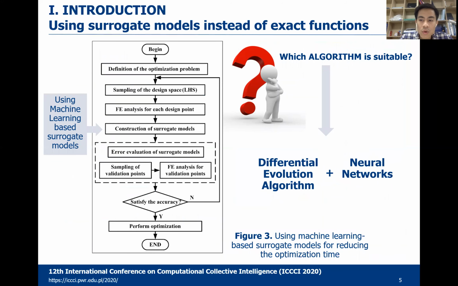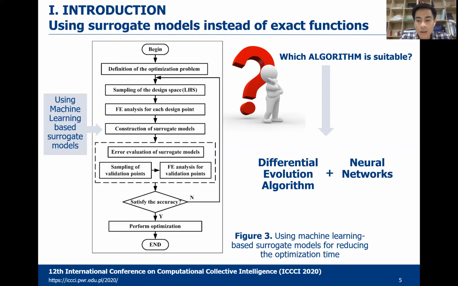An effective solution to deal with this problem is using machine learning for approximately predicting the behavior of structure instead of exact structure analysis. By this way, the optimization time can be reduced. So the question here is, which algorithm is suitable?